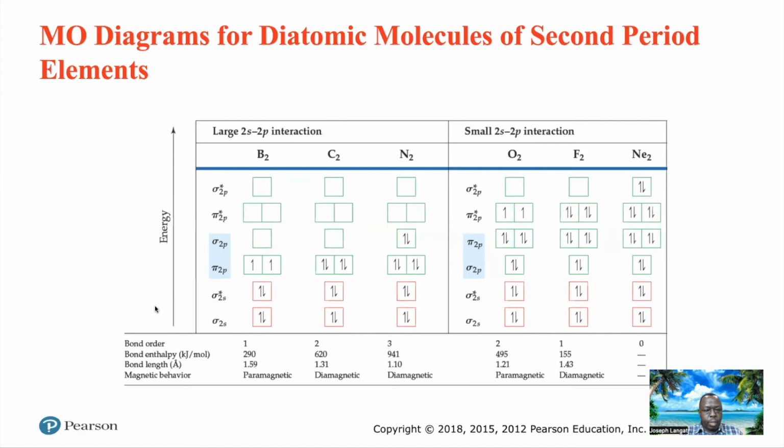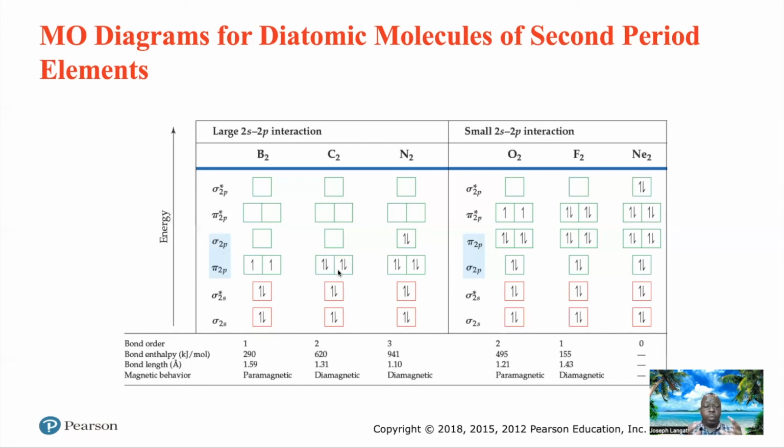For example, in the first compound, beryllium or boron, B2, there are 2 unpaired electrons. In this case, we say it's paramagnetic. Diamagnetic because all are what? All are paired up.